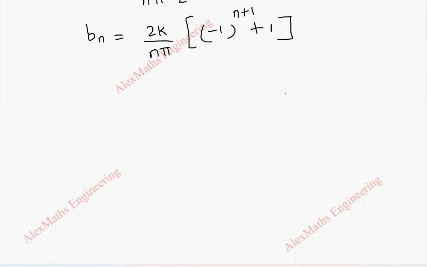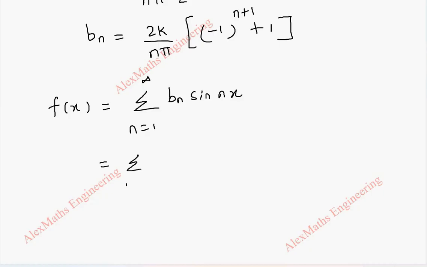Now coming to the expansion, f of x equal to summation n equal to 1 to infinity bn sin nx alone we have, because a0 and an are 0. So summation n equal to 1 to infinity, this is 2k by n pi into minus 1 whole power n plus 1, then plus 1, then sin nx.